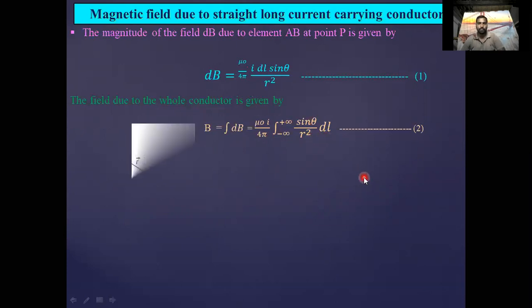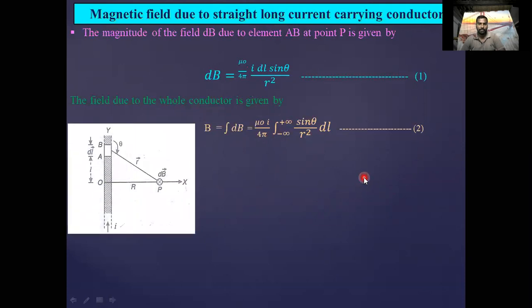Using the figure, we have to rewrite the L and theta values, change the limits, and solve the integration to find B.